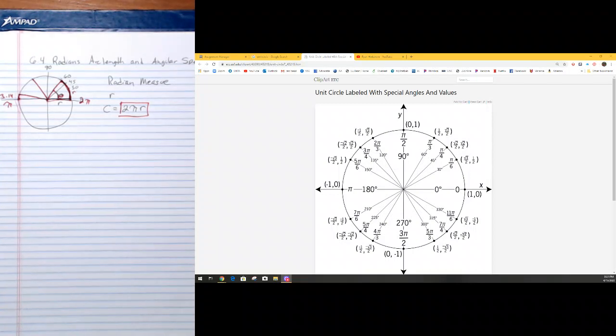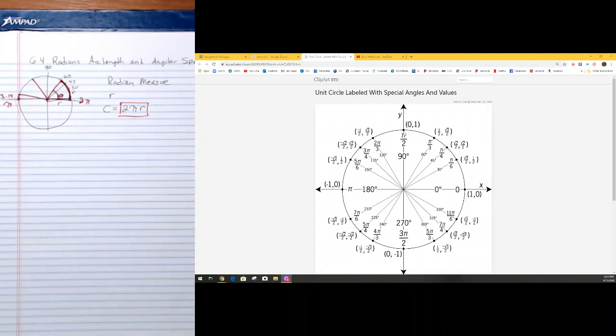And on our unit circle, we start off with 0 degrees, as I had on my diagram over here. And we go to 30 degrees, 45, 60, 90, 120, 150, 180, and all the way around the circle. We can see that we have pi over 6, pi over 4, pi over 3, and these are the radian measures that we're using here.